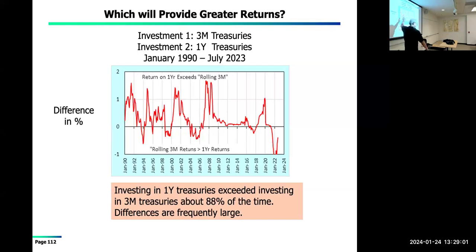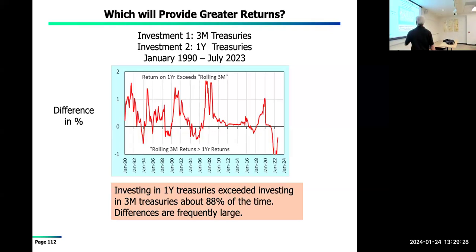And the idea would be, if the markets are perfect, this red line should be right here. The red line is not there, and that's because interest rates are very volatile. The markets don't really know what they're going to do at any particular minute. And so you can do this rolling 3-year returns against 1-year returns, saying for each period, which one was better?